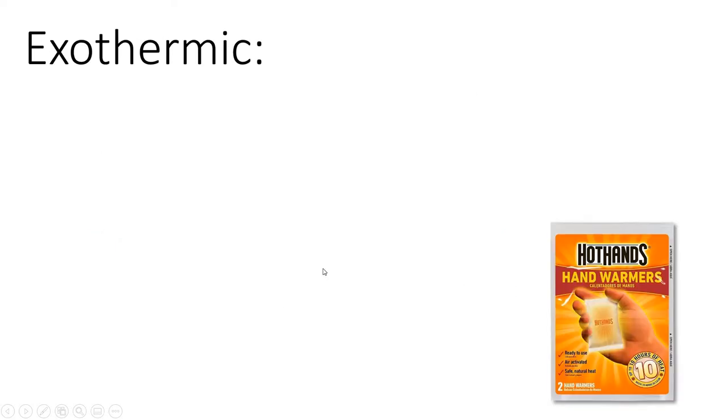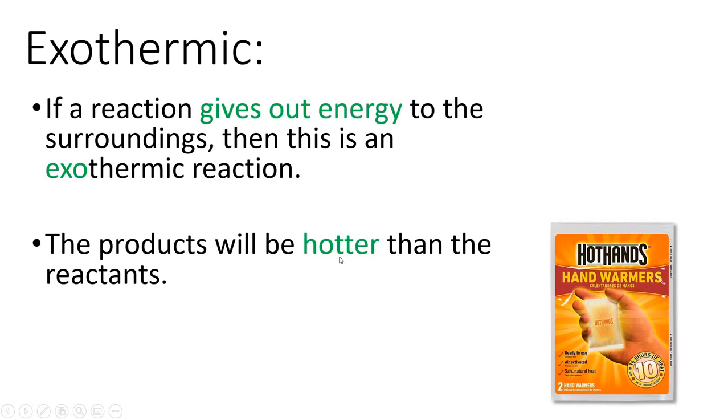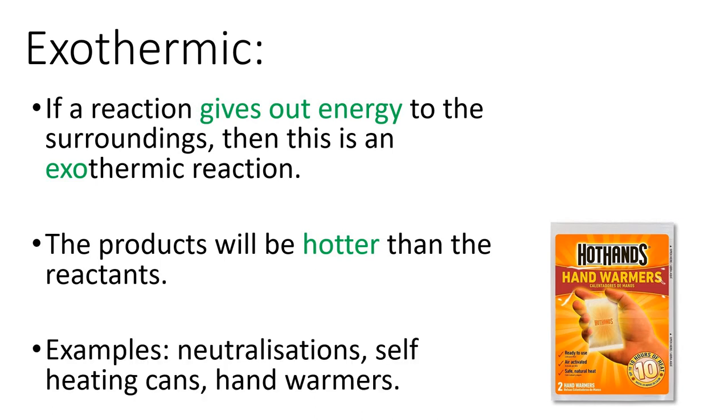Okay, so exothermic. As we've already said, it's a reaction that gives out energy to the surroundings. So the products will be hotter than the reactants. We'll finish off with everything around the reaction being hotter because the energy from the reaction has been given out to the things around it. So some examples that you might have seen, these hand warmers.